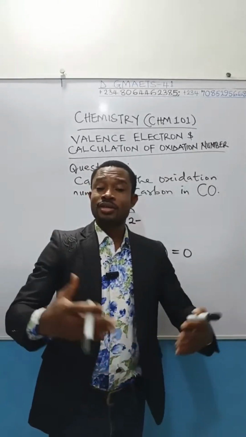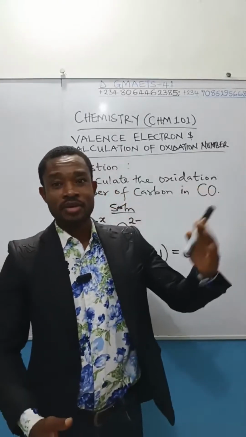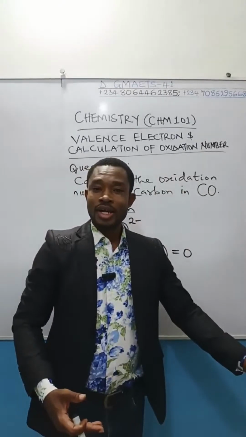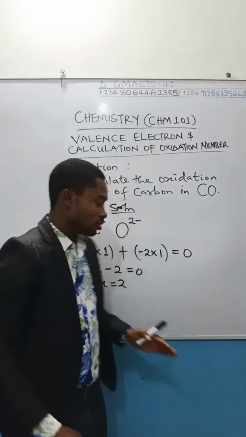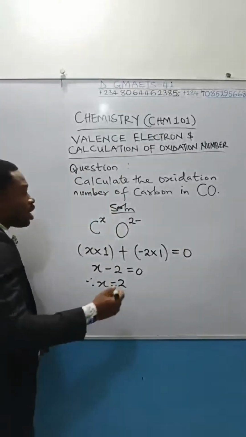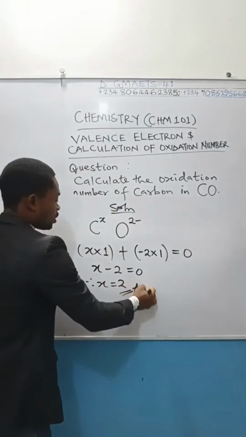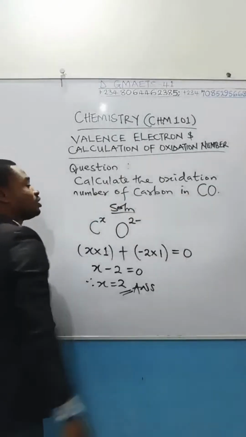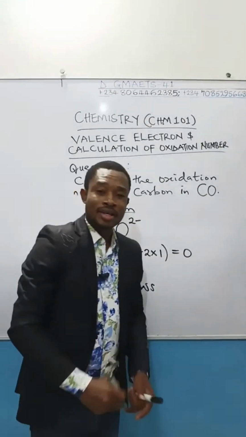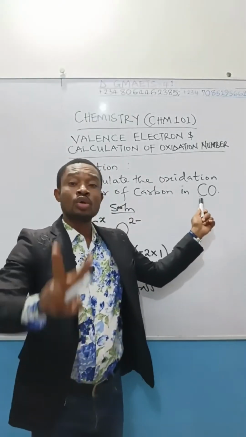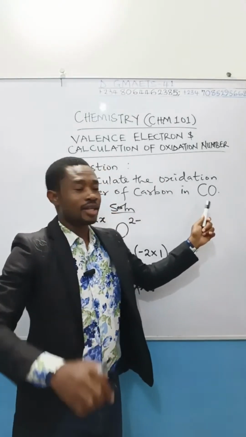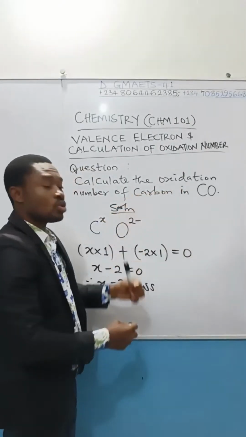In CaCO3, the oxidation number of carbon there was 4. In this compound CO, the oxidation number of carbon is what? 2. All right, we have solved the oxidation number of carbon in CO. That is why the name of this compound is carbon(II) oxide.